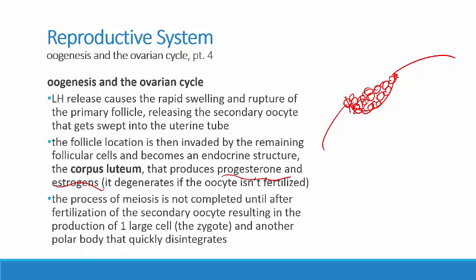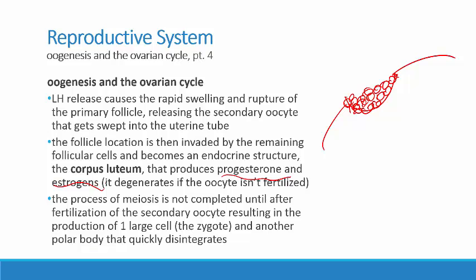Now, if the oocyte doesn't get fertilized, and so there's no embryo that implants in the wall of the uterus and starts to send signals back, the eagle has landed, we are here, then the corpus luteum will degenerate.